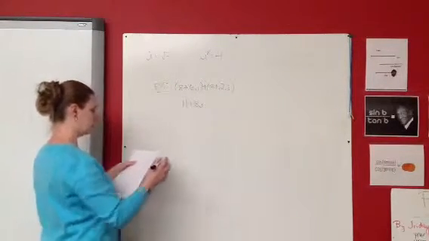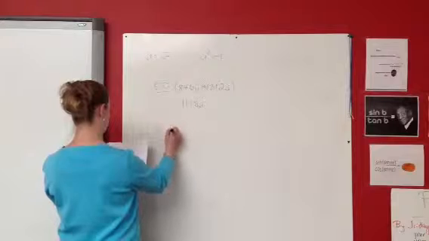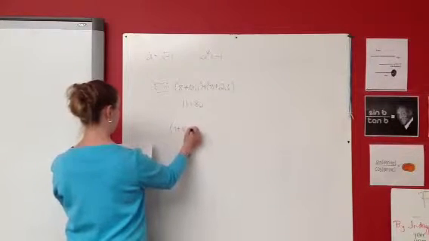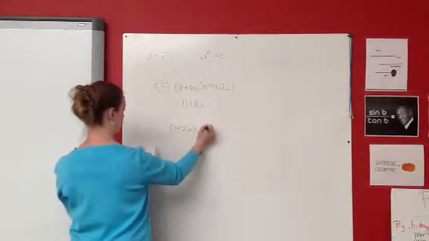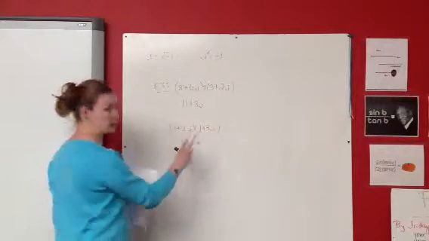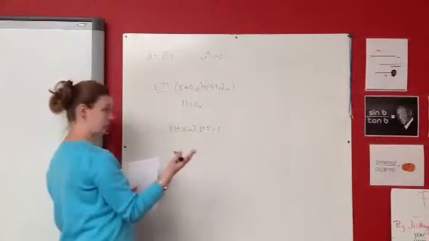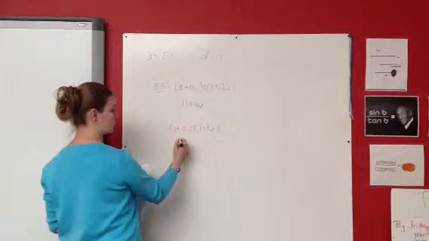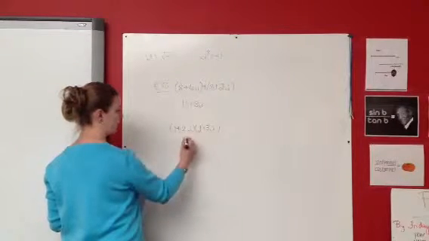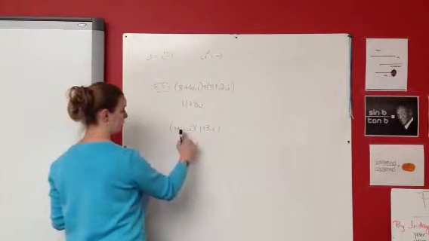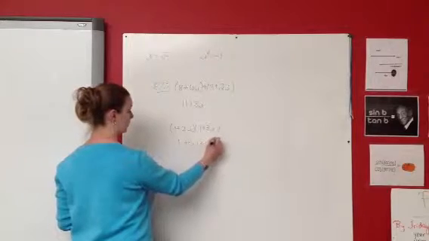Another example might be 1 plus 2i times 1 plus 3i. So this would be a case where we FOIL, treat the i's as variables initially, so 1 times 1 is 1, 2i and 3i is 5i, and then you have plus 6i squared.